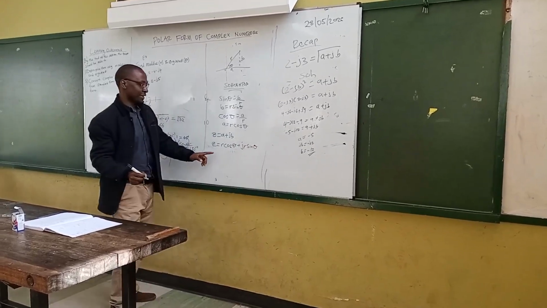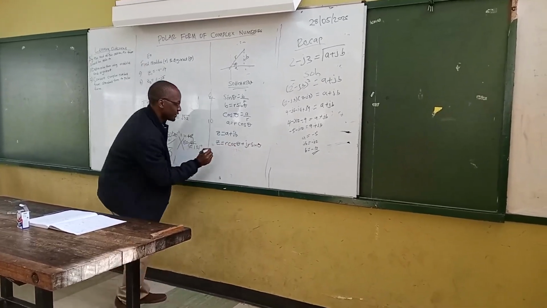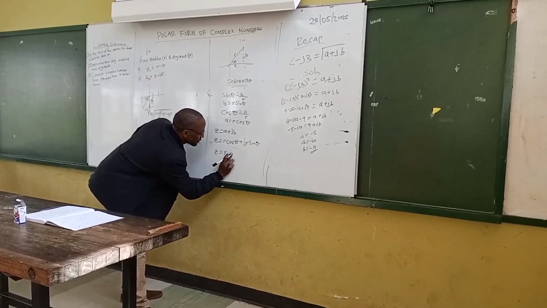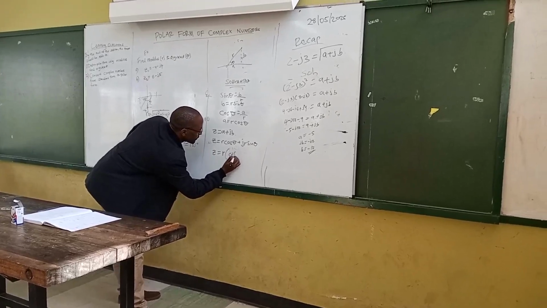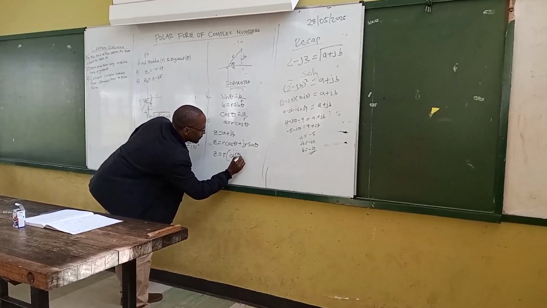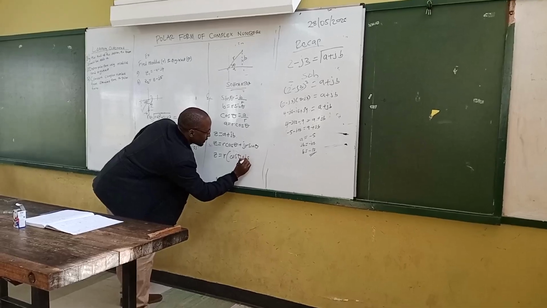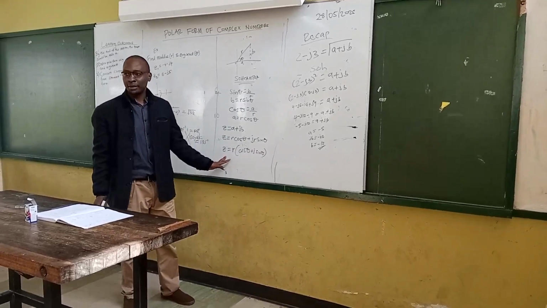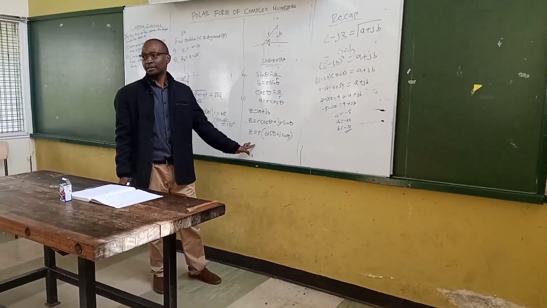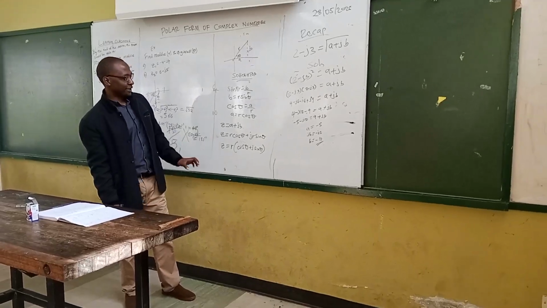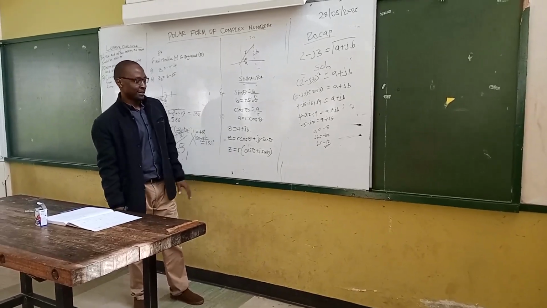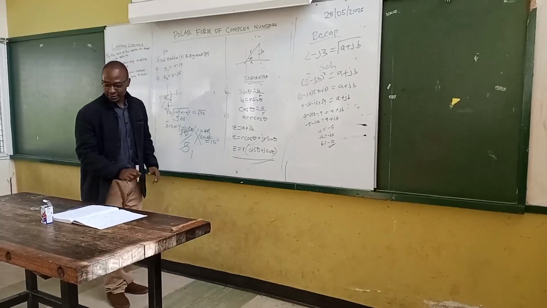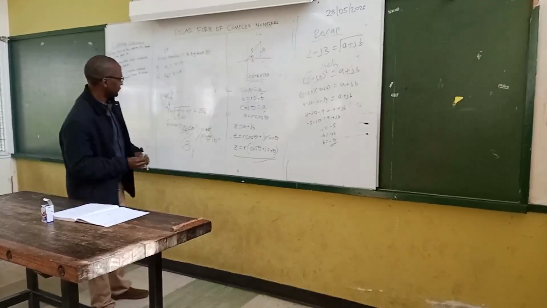You can factor out the common R, which will be Z is equal to R into cos theta plus J sine theta. So this is what is referred to as the polar form of complex numbers. If you are asked to find the polar form of a complex number, this is what they are asking you to find. Let's have an example.